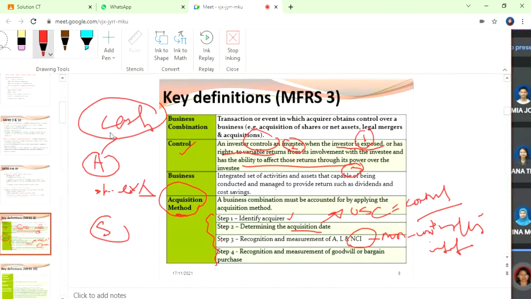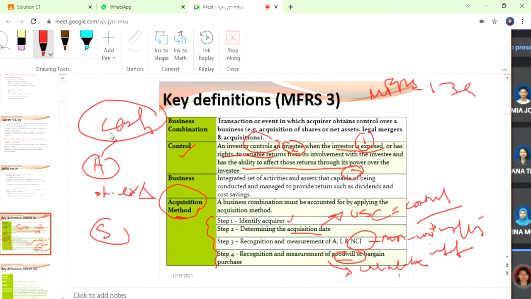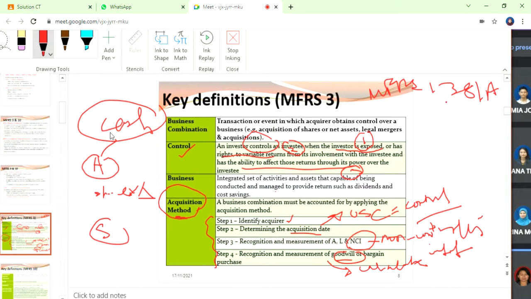And step 4 is to recognize and measure the goodwill on the business combination or the bargain purchase. So here we have to do a little bit of calculation. If it is a goodwill on business combination, remember you go back to your MFRS 138, your intangible assets standard.